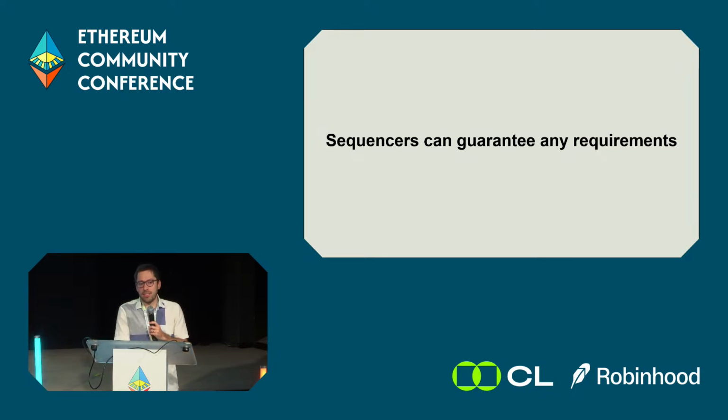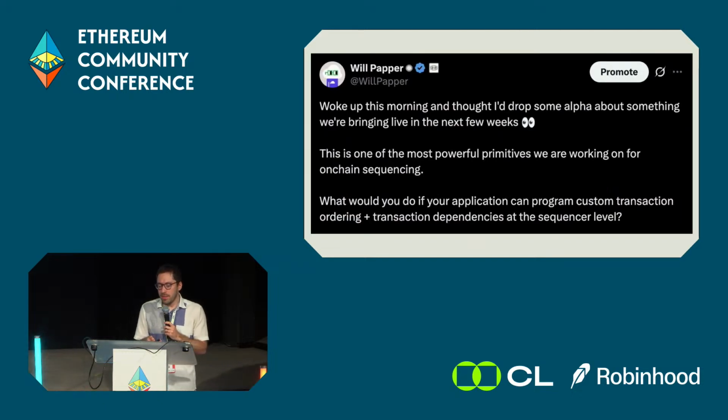Another thing that you can do with sequencer customization is that sequencers can guarantee any requirements. This ranges from initiatives like Dream Chain that we work with. In World you have humans who are allowed to participate. In Dream Chain, only AI is allowed to participate, and no humans are allowed. That's an example of a requirement you might want to guarantee: that someone is a verified AI agent.